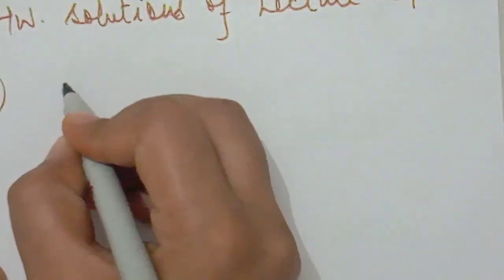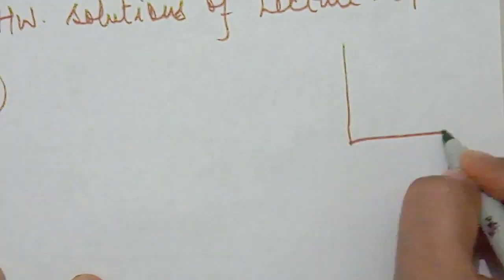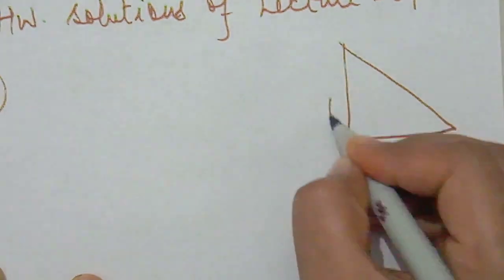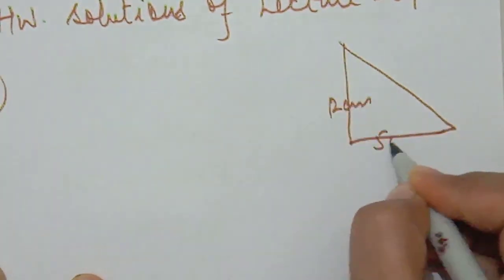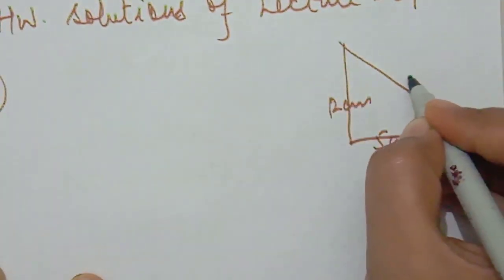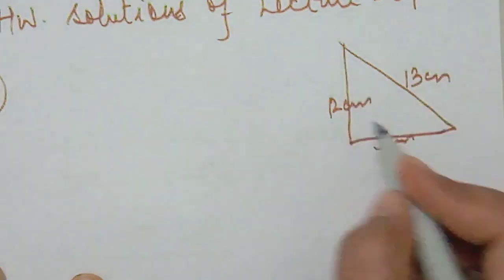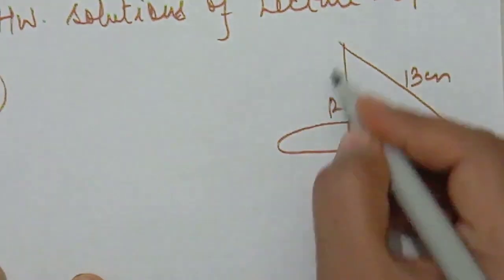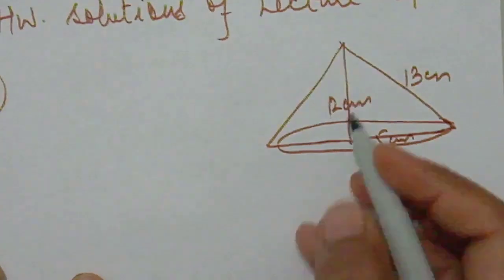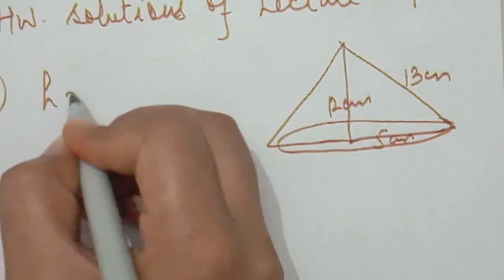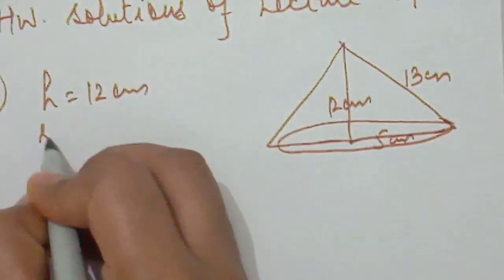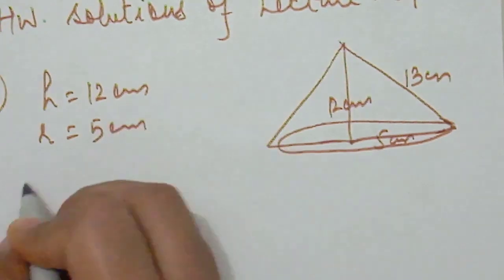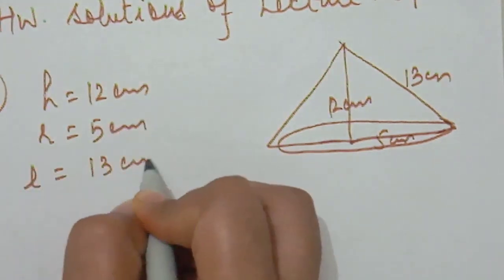So according to the question, when it revolves around the height of 12 centimeter, the diagram is like this, and when it is revolved, it will be like this. Height is 12 centimeter, radius is 5 centimeter, and the slant height is 13 centimeter.